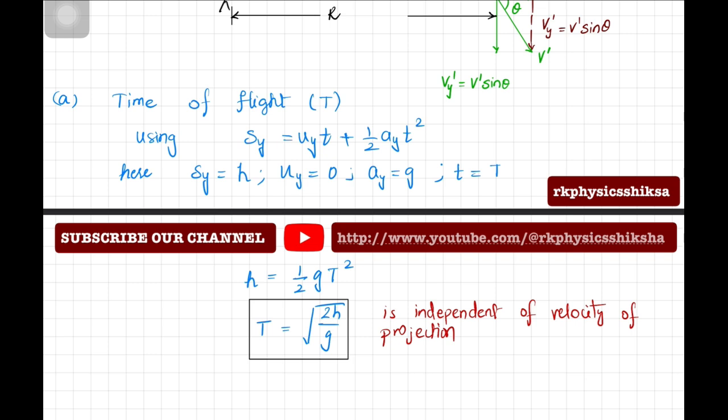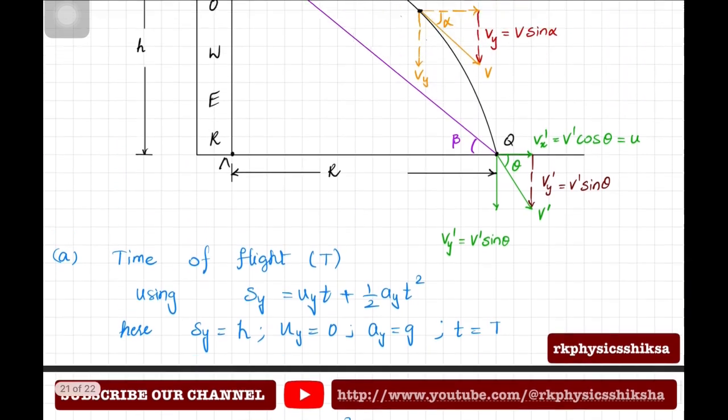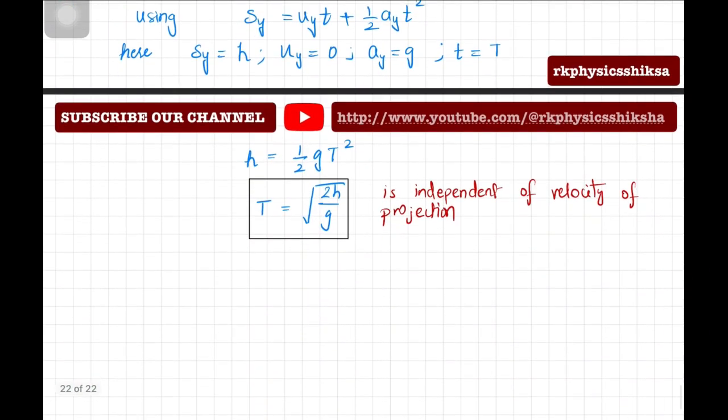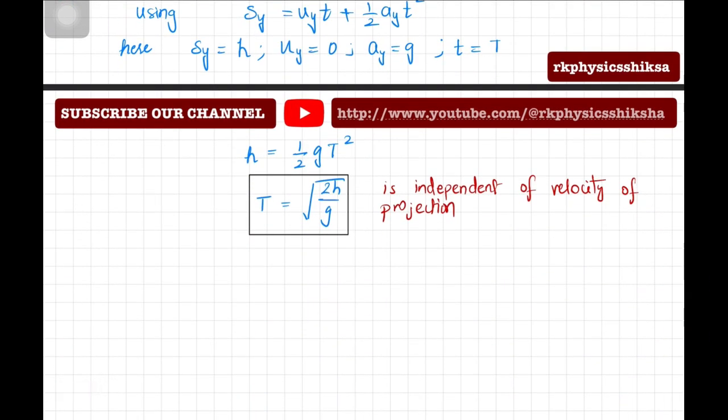Height can be written as half g t square. So if you know the time of flight, or if the height of the tower is given, h also can be written as half g t square. So this will be the time of flight or time of descent we can consider.